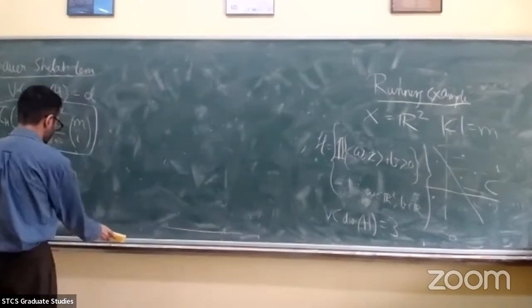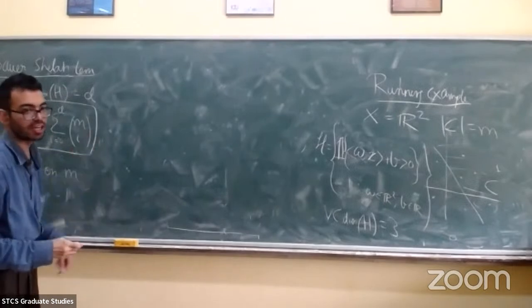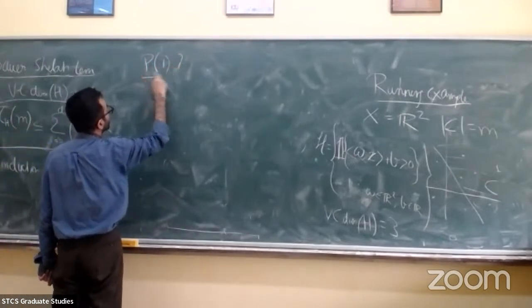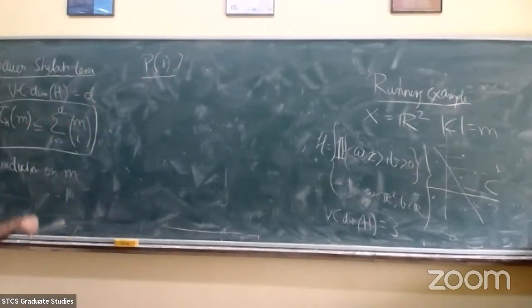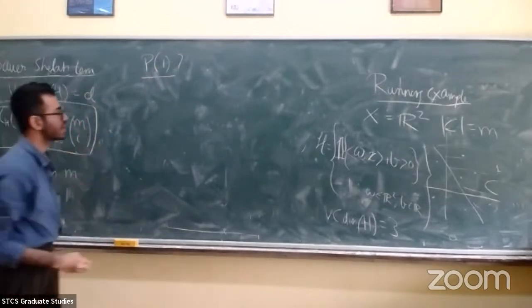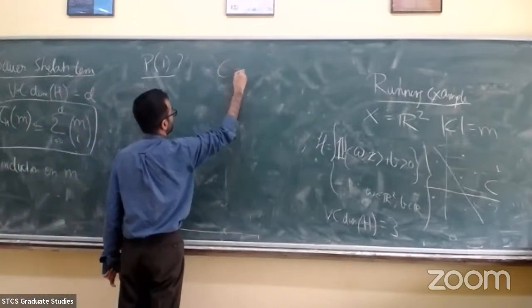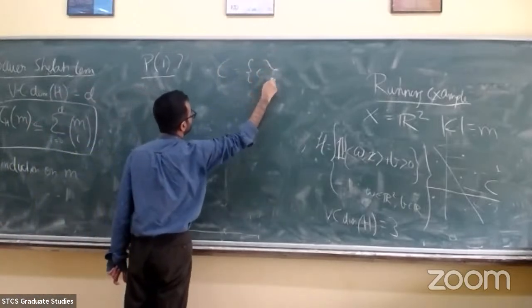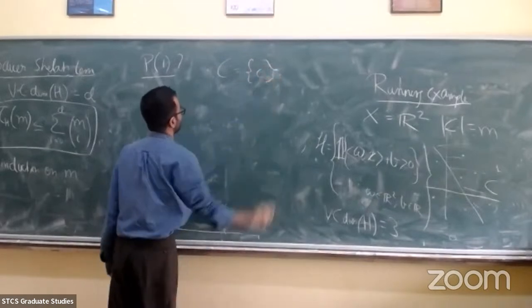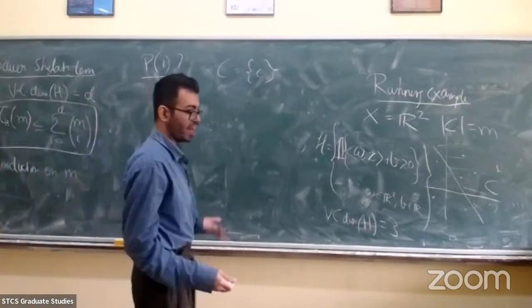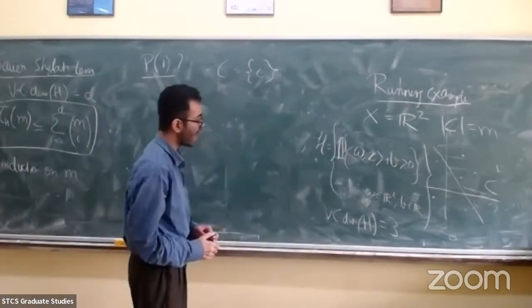Okay, so let's do induction. First of all, let's check P of 1. So we have just one point now. That's what it means. So C has just one element, a small c. And now there are two possibilities.